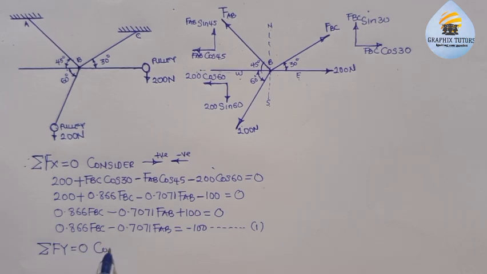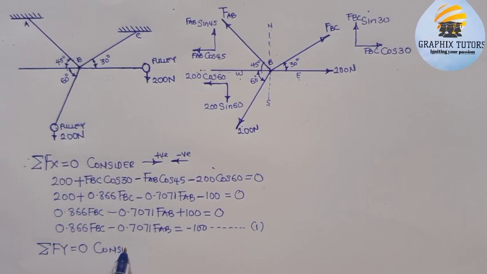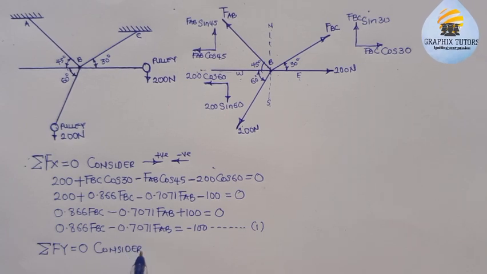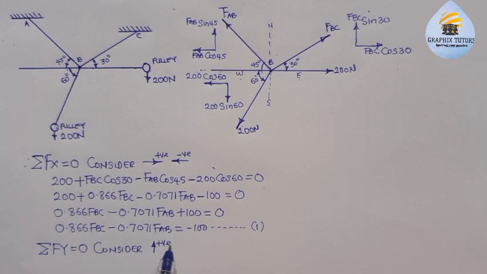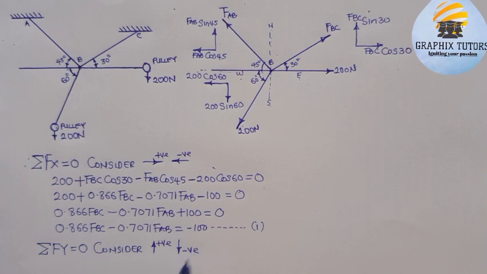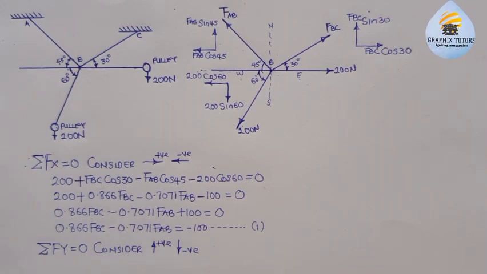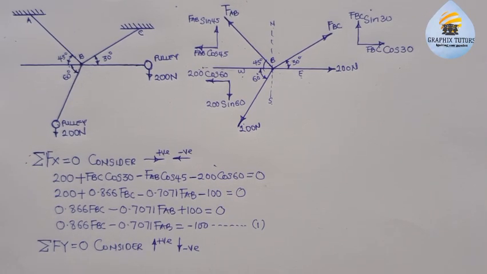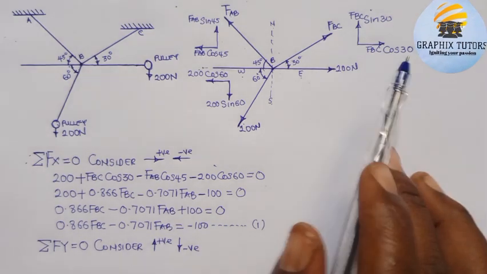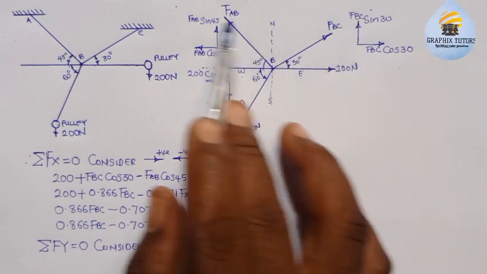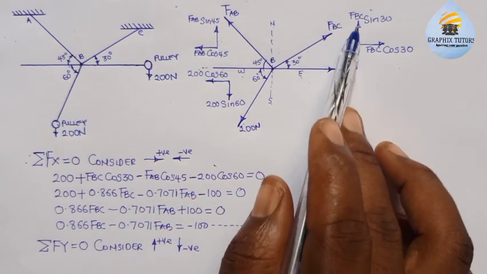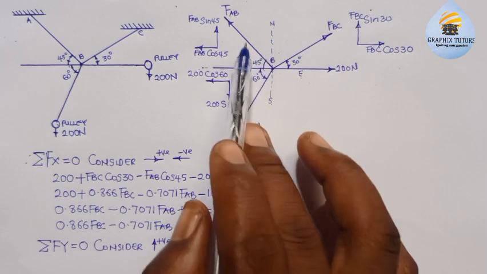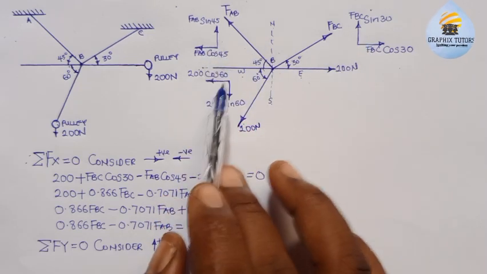Now I am going to consider the forces acting upward to be positive and the forces acting downward to be negative. You can see that. Now when you move forward, let's see all the forces we have facing upward. We are only considering the forces that are standing in. Since we've resolved, we don't have business with the inclined forces. We only focus on the resolved forces.